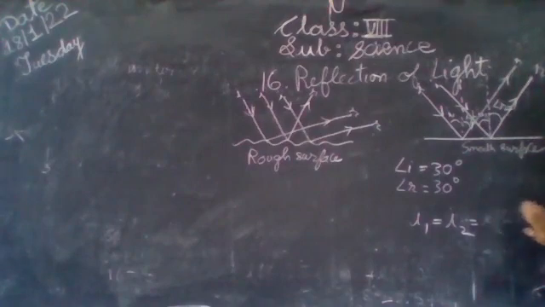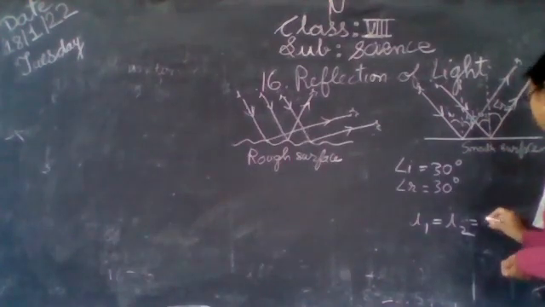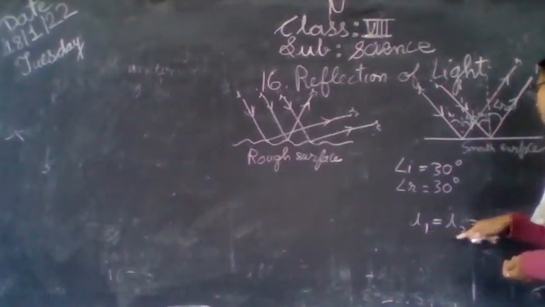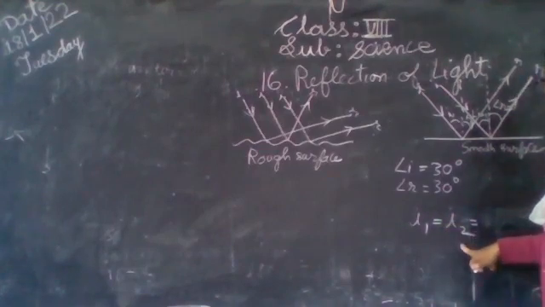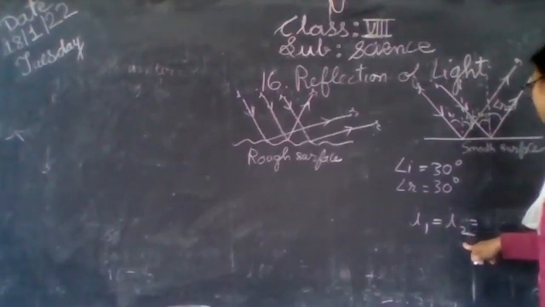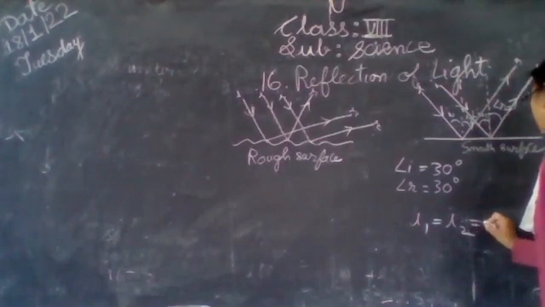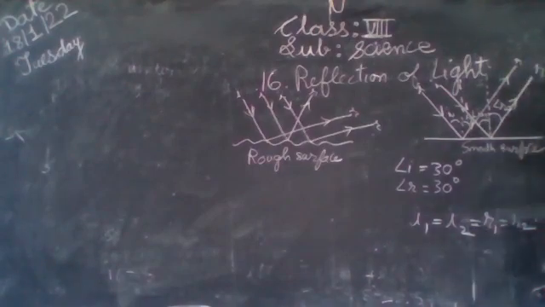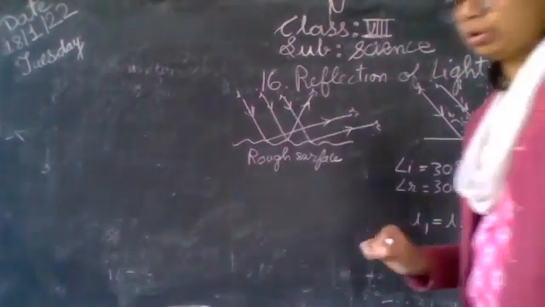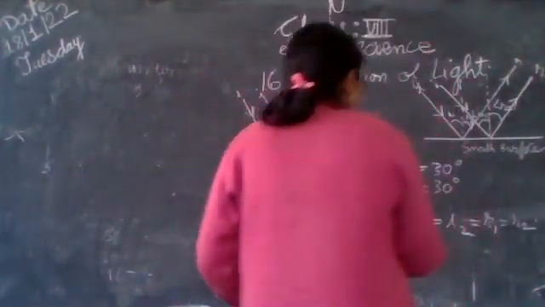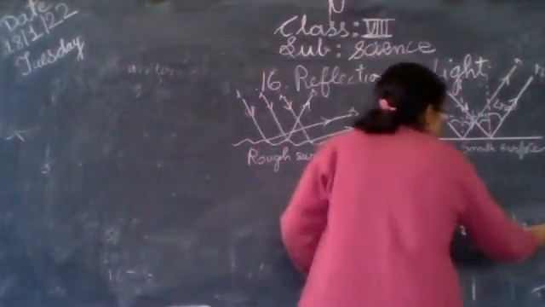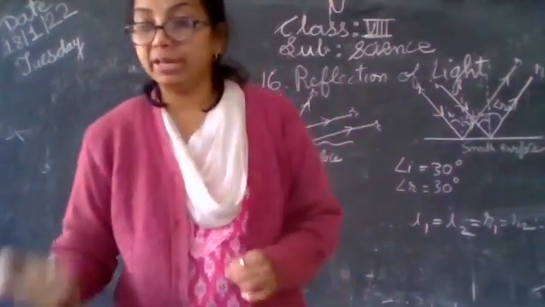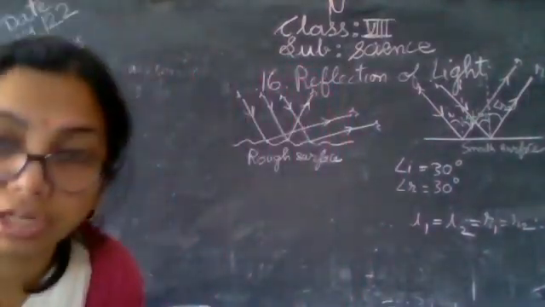As per our consideration, we are taking 2. So, angle of incidence 1 equal to angle of incidence 2 will be equal to angle of reflection 1 will be equal to angle of reflection 2. That way, it will move on. As many as we are going to consider, that many will be equal to each other.